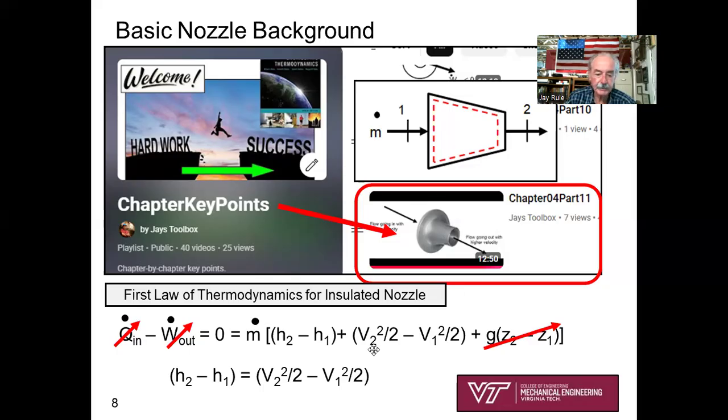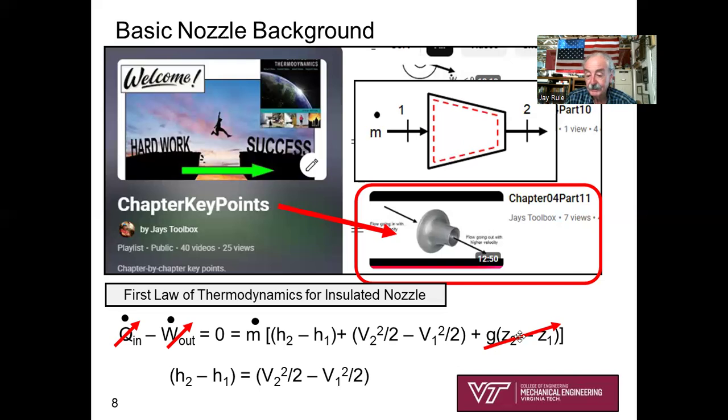Back in chapter 4, I wrote out the first law for a nozzle, steady state, steady flow, one inlet, one outlet. Q dot in and W dot out were both 0. So 0 equals m dot times a big bracket term. I can divide the m dot out, get rid of that.